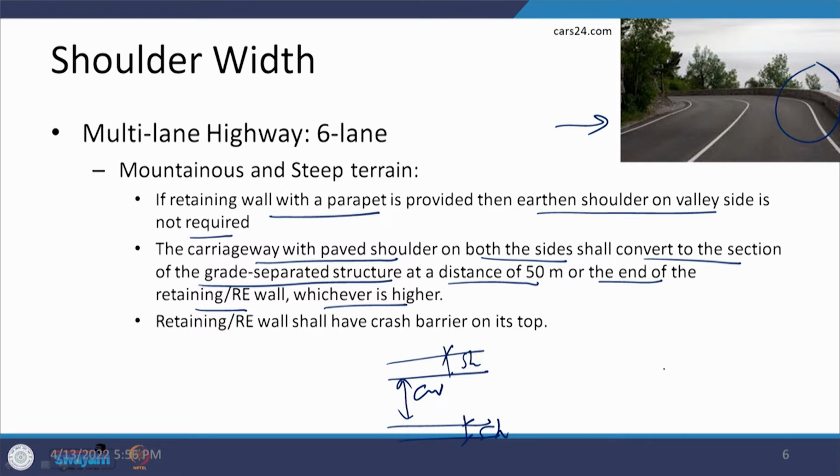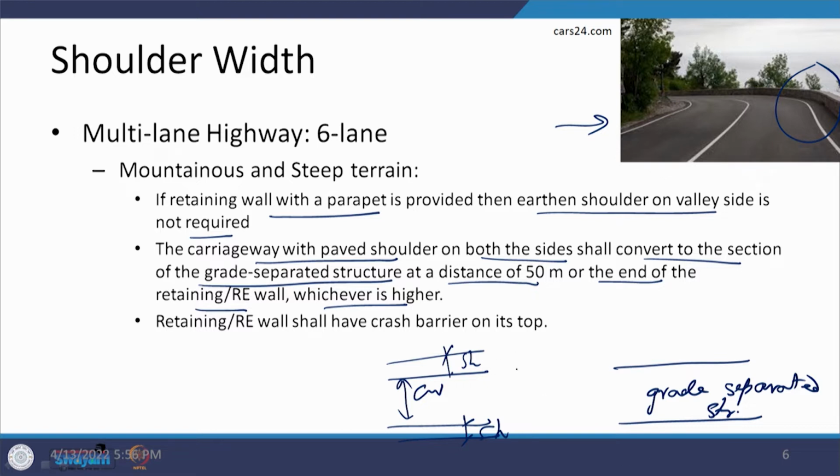There may be a possibility of providing a paved shoulder, subject to having that much space. So, if our section is going to be like this in the case of a grade separated structure, then we have to converge to the section of the grade separated structure 50 meters before the start of that.